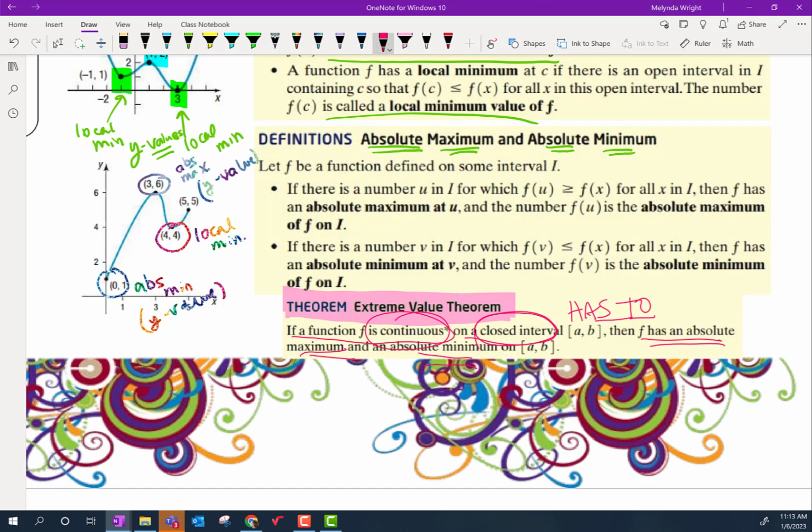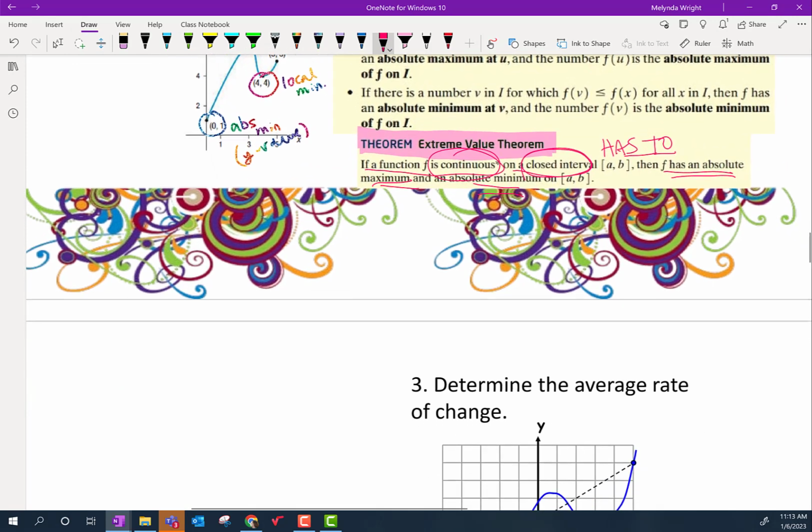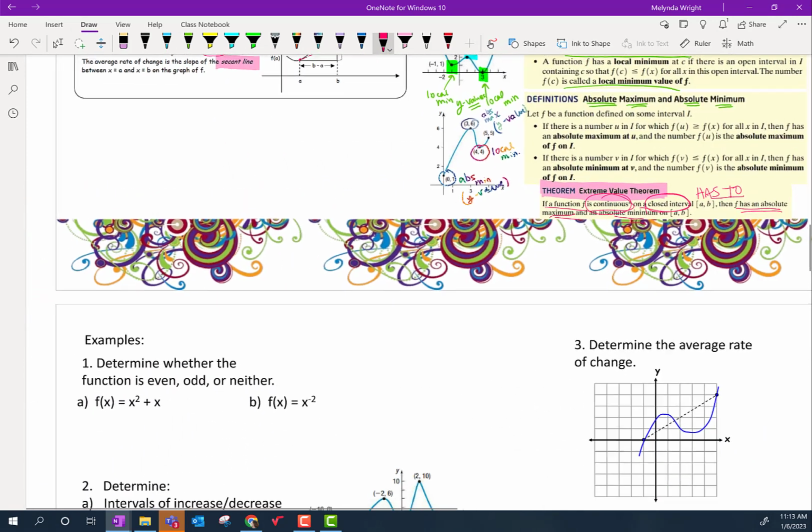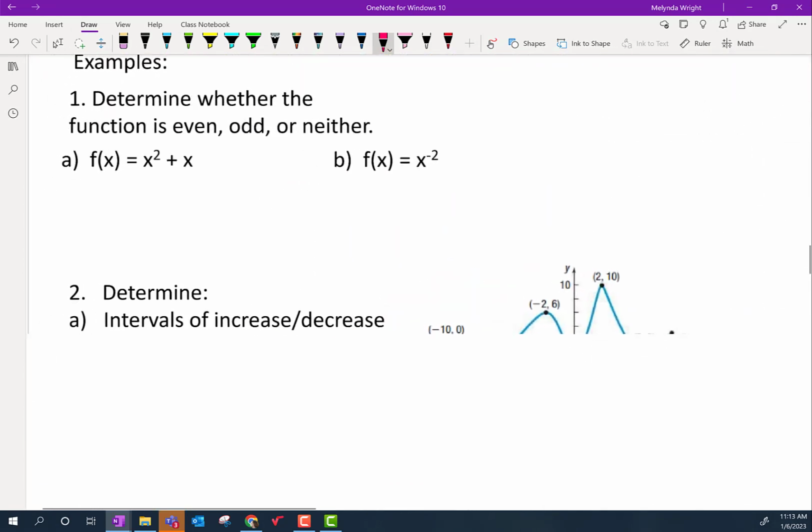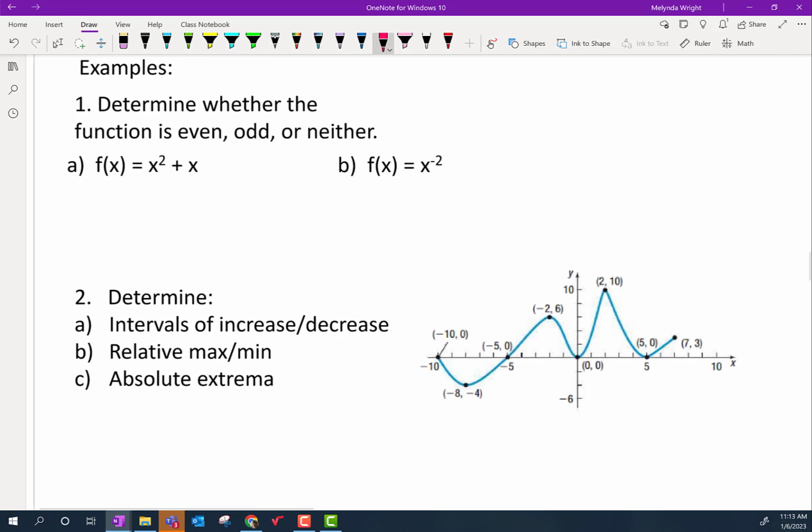All right. Now let's do a few examples. First, we're going to do some examples on even, odd, and neither. You could graph it and look at it if you wanted to. What we're going to do, though, is do this algebraically to determine whether they're even, odd, or neither.